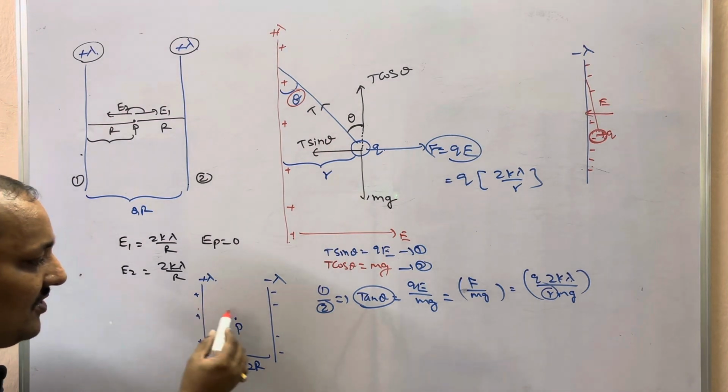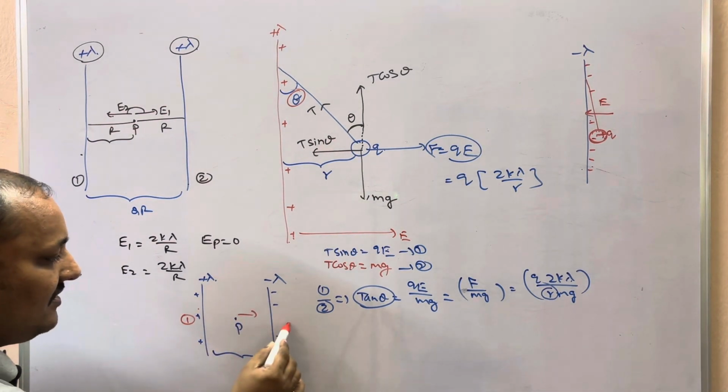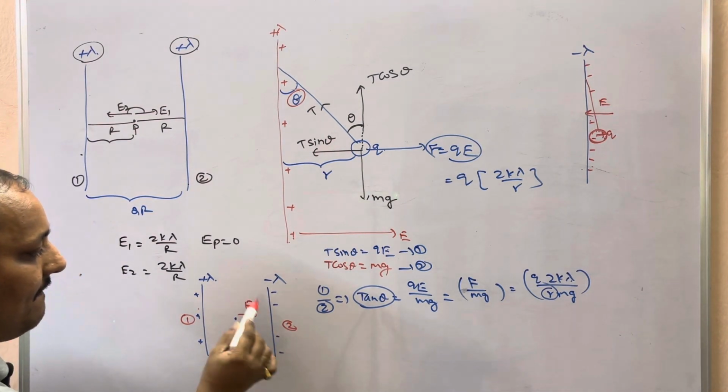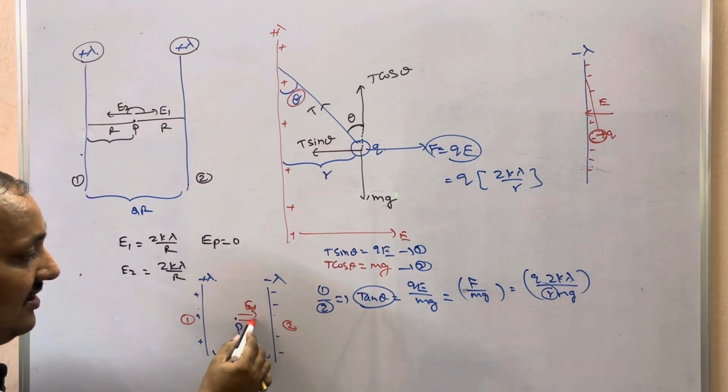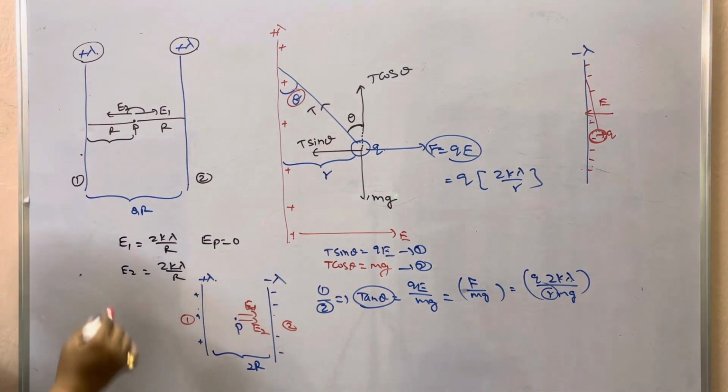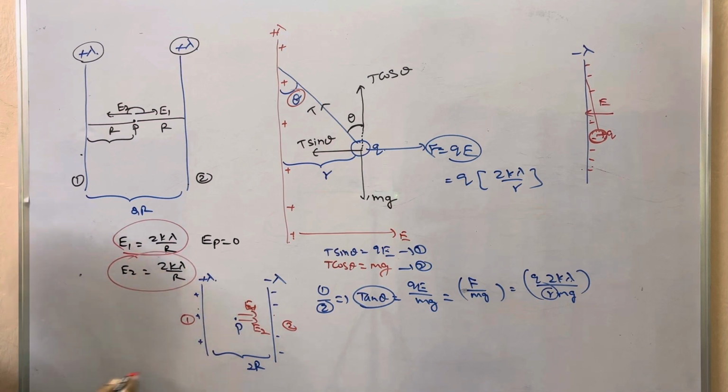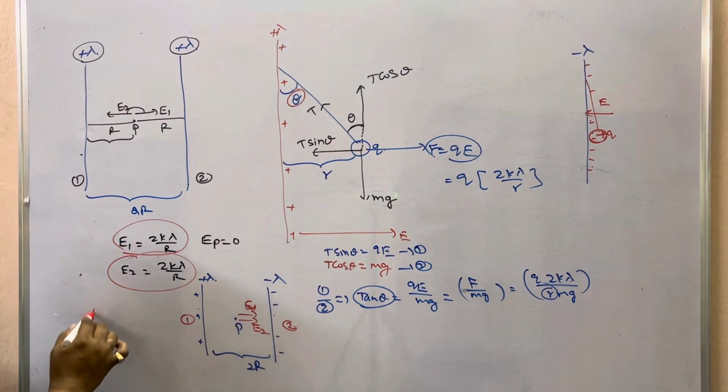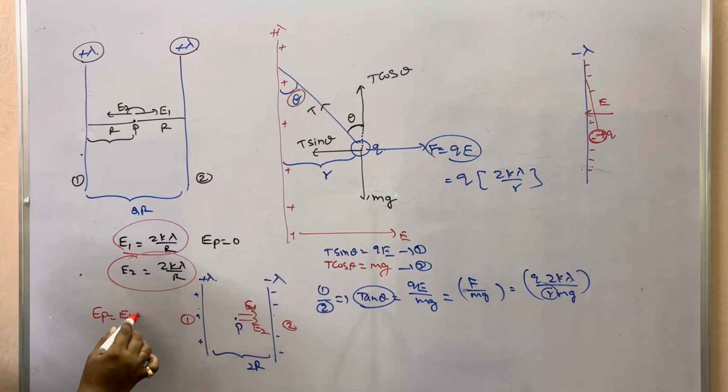Because of the positively charged wire, the field is away, E1. Because of the negatively charged wire, the field is towards, E2. E1 and E2 values will be the same, but both are in the same direction. Therefore, the resultant electric field intensity is E1 plus E2.